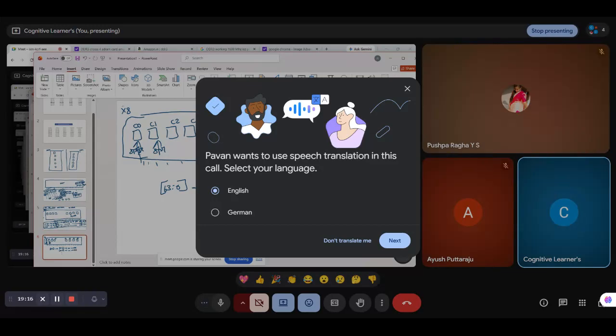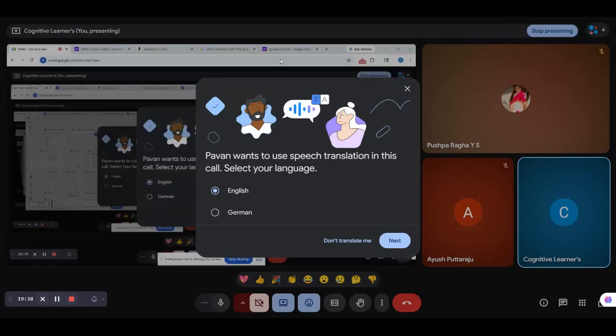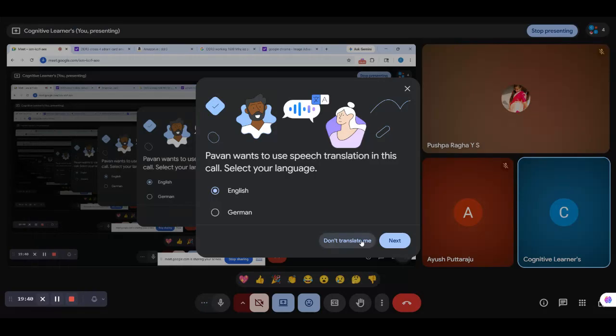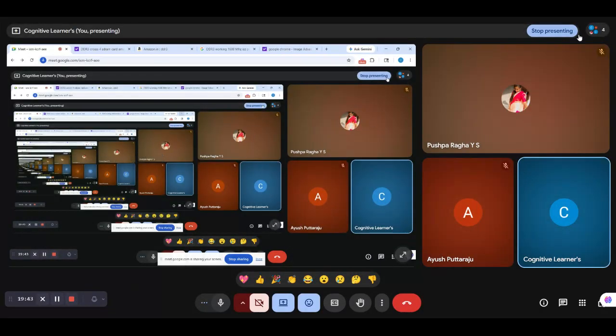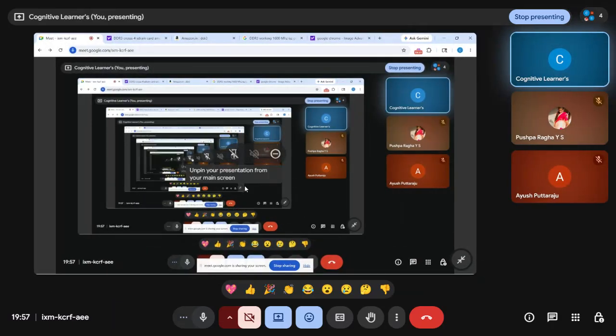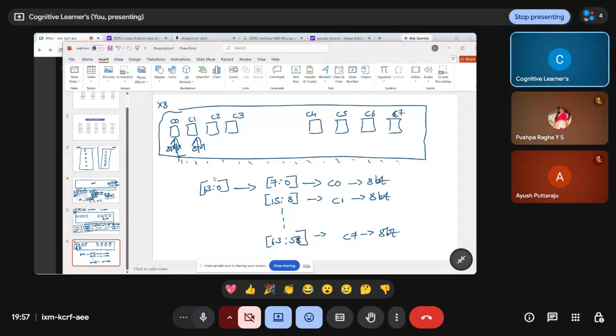In the same way, 63 down to 56 is connected to chip 7, also 8 bits.